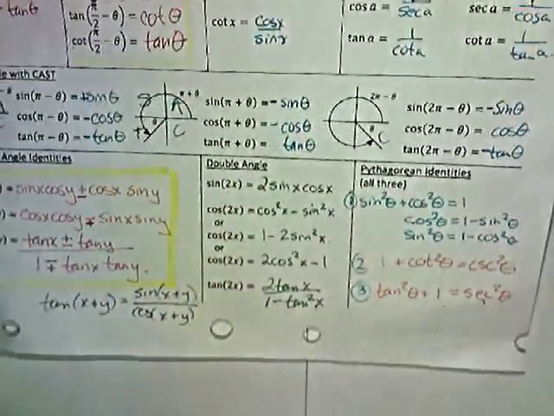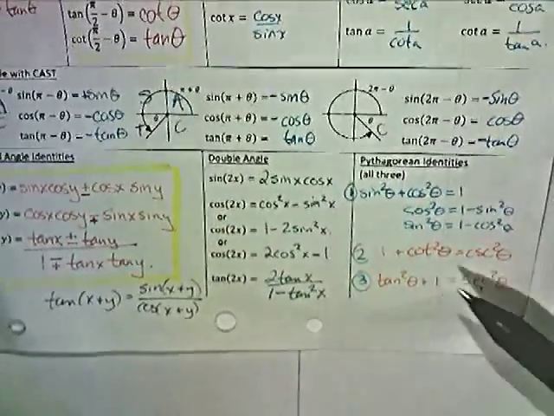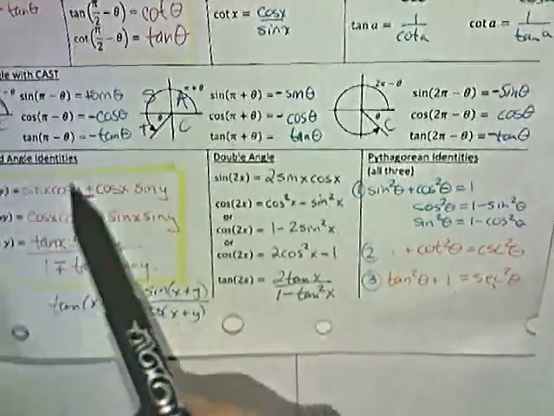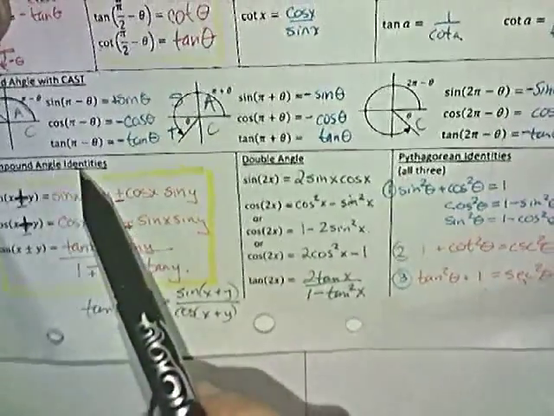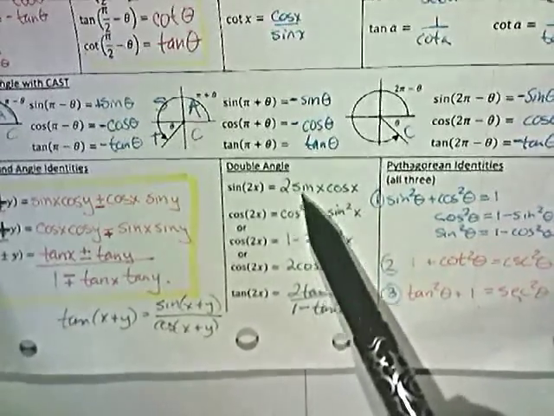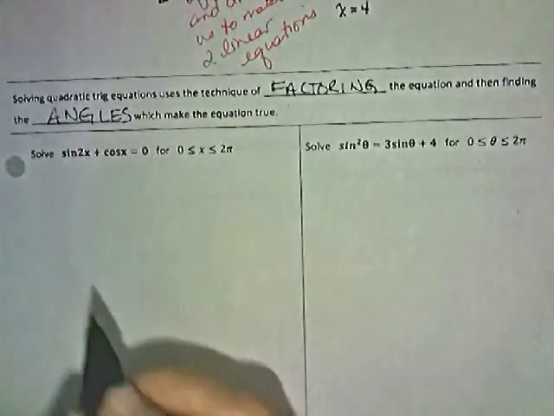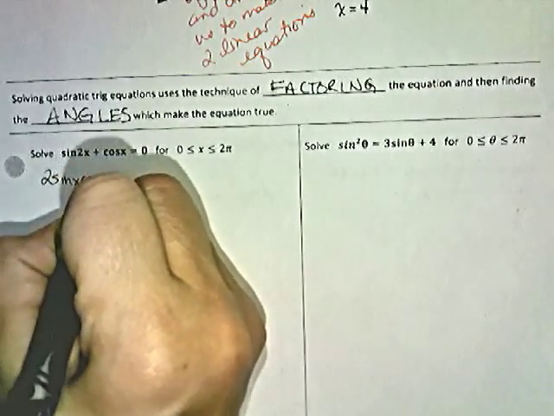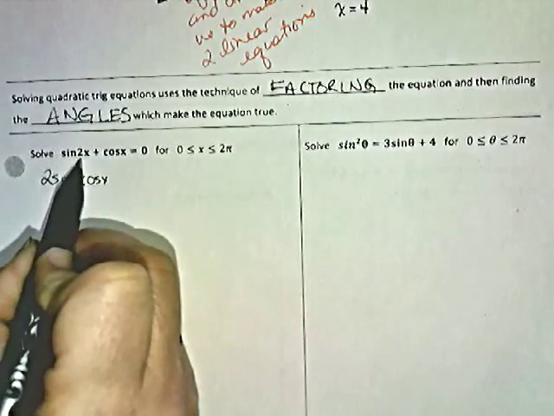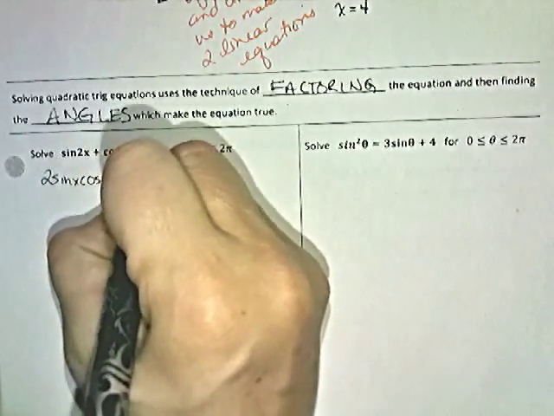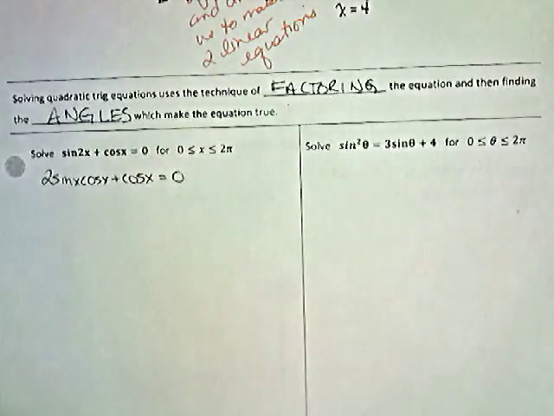We've been practicing our trig toolbox extensively, and I know that the sine of 2x, using our compound angle identities, we can create the equivalent expression of 2 sine x cos x. So let's put that in here. We've got 2 sine x cos x, the very same thing as the sine of a double angle, and I have the cosine of x left over being equal to 0.